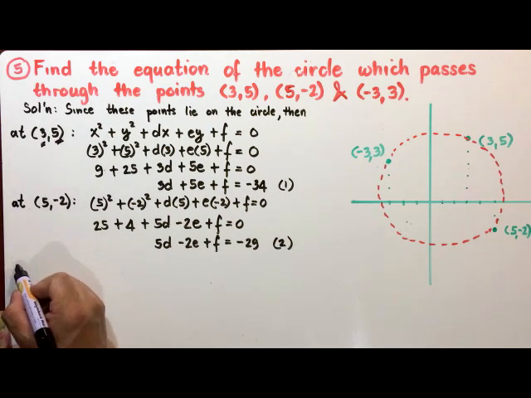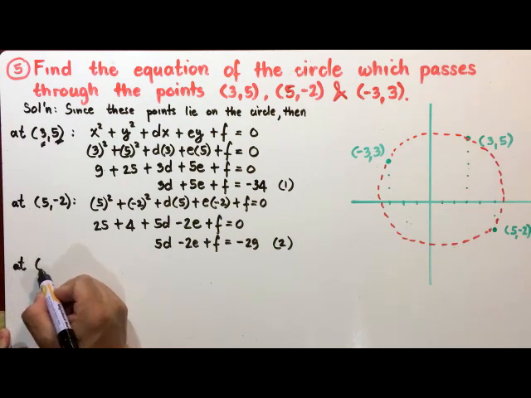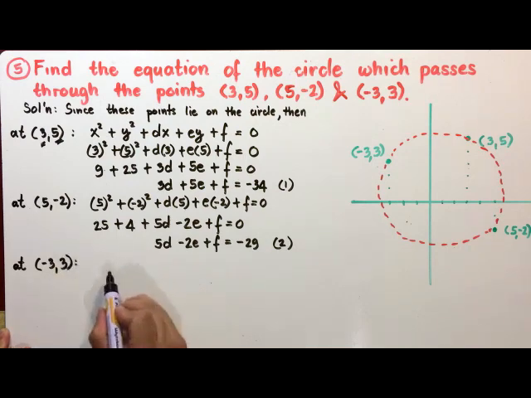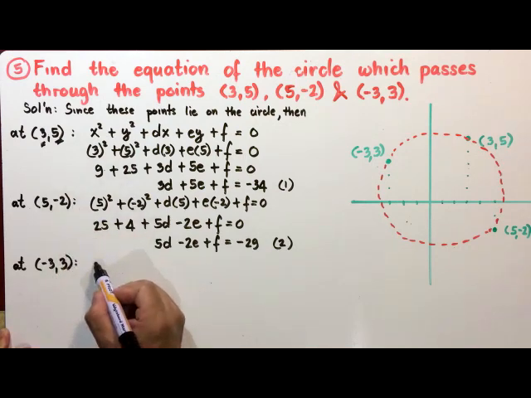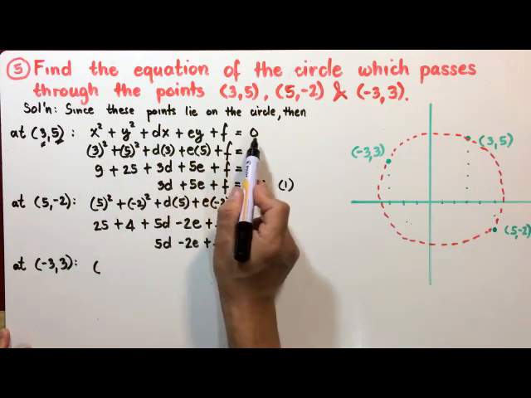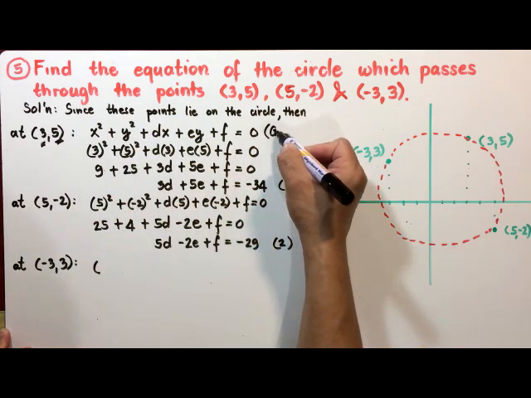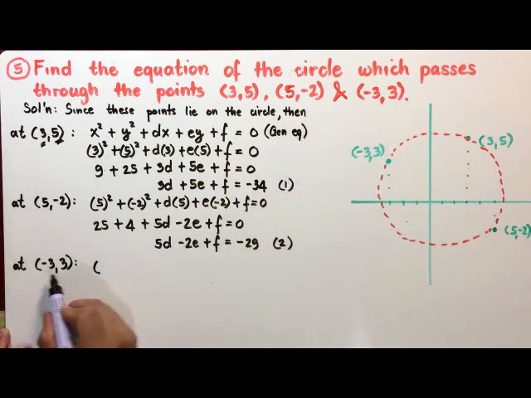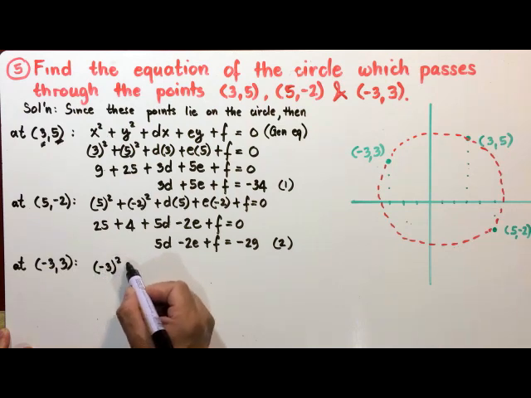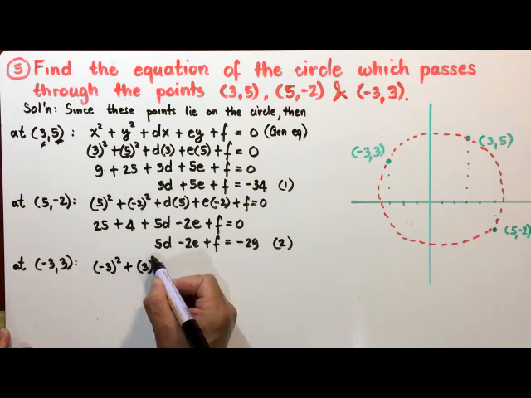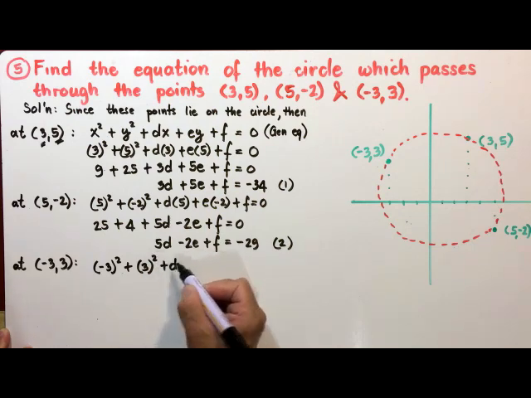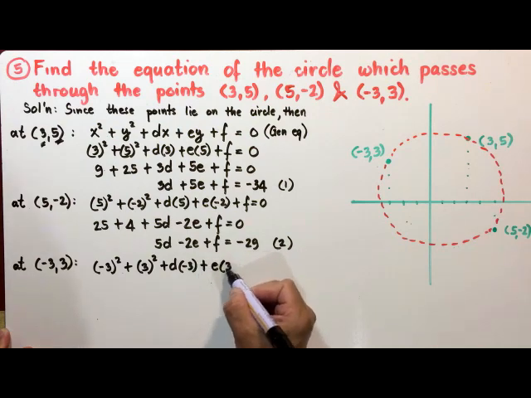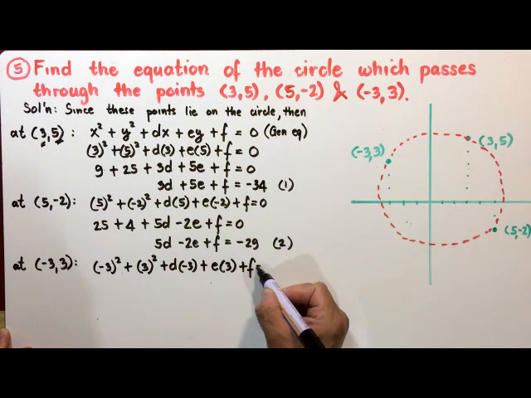Now, for the third point, the point negative 3, 3. Substituting again to the general equation for the circle, x squared, our x is negative 3, quantity squared, plus y squared, which is 3 squared, plus d times negative 3, plus e times 3, plus f is equal to 0.